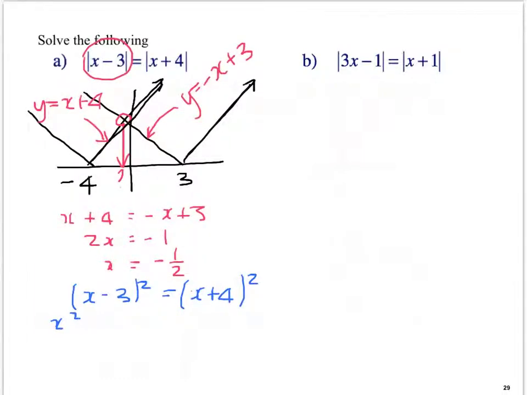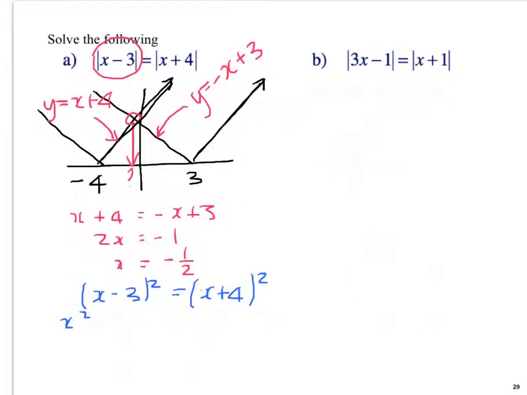Okay, so now on the left-hand side we've got x squared minus 6x plus 9, and x squared plus 8x plus 16. A bit of cancelling here, and we're going to end up with, if we add 6x to both sides, that'll give us 14x, and if we subtract 16 from both sides, that's going to give us negative 7.